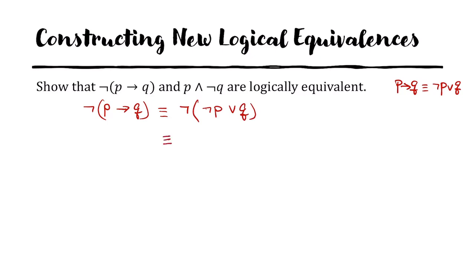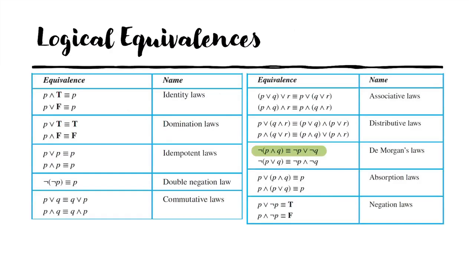Now to negate it, we will apply De Morgan's law. De Morgan's law says that when you negate the conjunction, you need to negate both P and Q, and it will change the conjunction to disjunction.